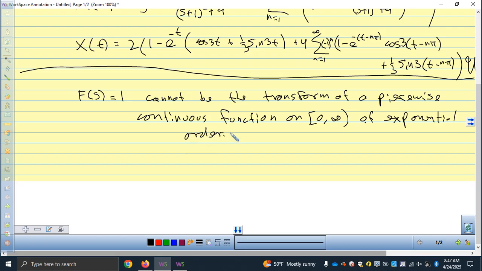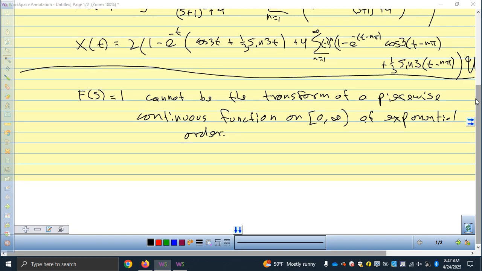We saw that for piecewise continuous functions of exponential order, the Laplace transform of that function approaches 0 as s approaches infinity. So this doesn't hold for that. So it's not the Laplace transform of a piecewise continuous exponential order function.